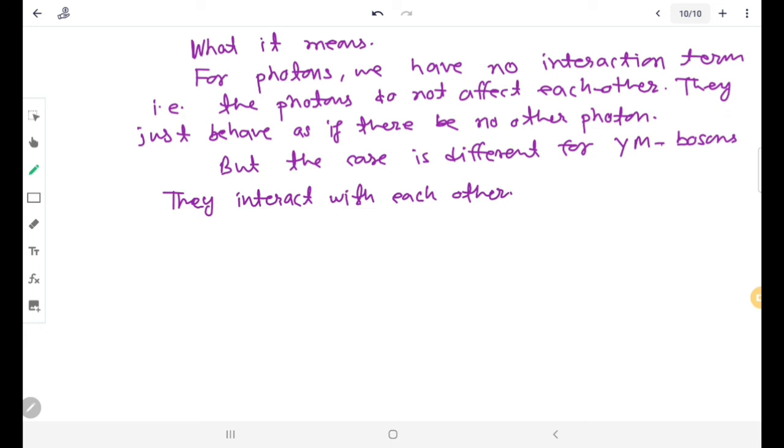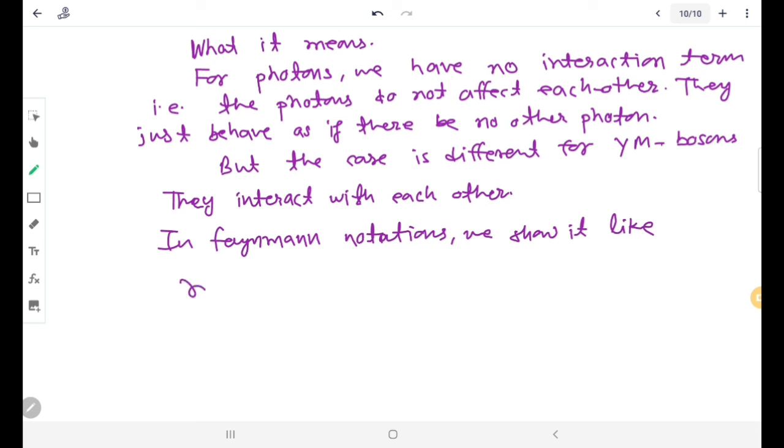So in Feynman diagrams, in Feynman notations, we show it like this. So here it is called 3 interaction. Okay, so spring-like structures for 1 photon.